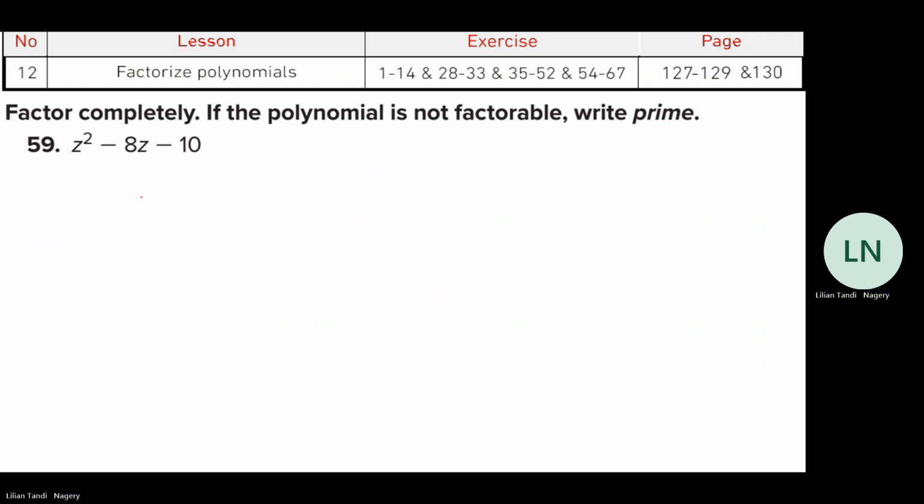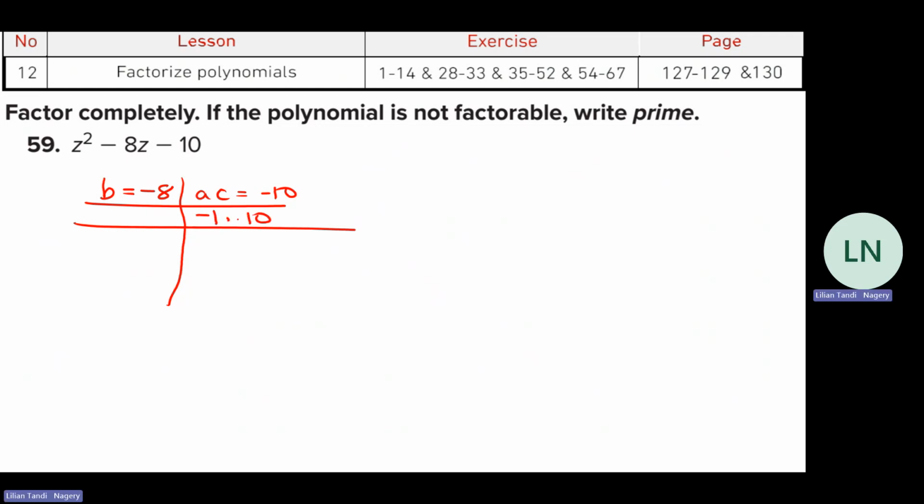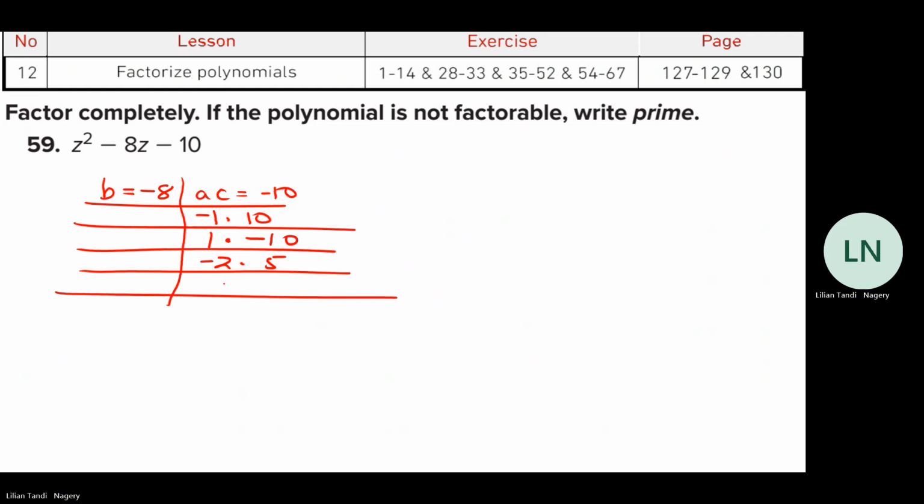Same thing here. I'm going to do jadwal. B equals -8. AC equals -10. -1 and 10. 1 and -10. -2 and 5. 2 and -5. -3, 3. -9, 9.